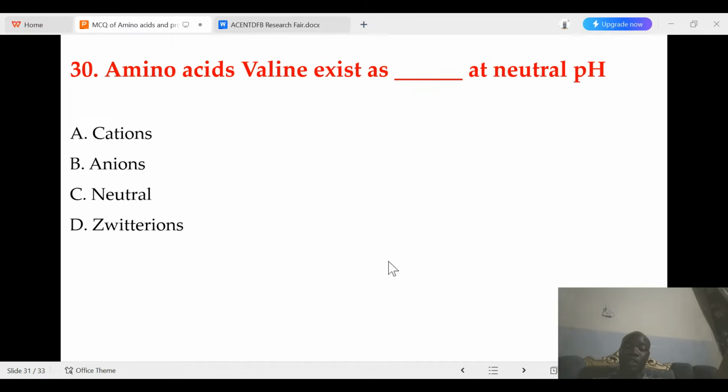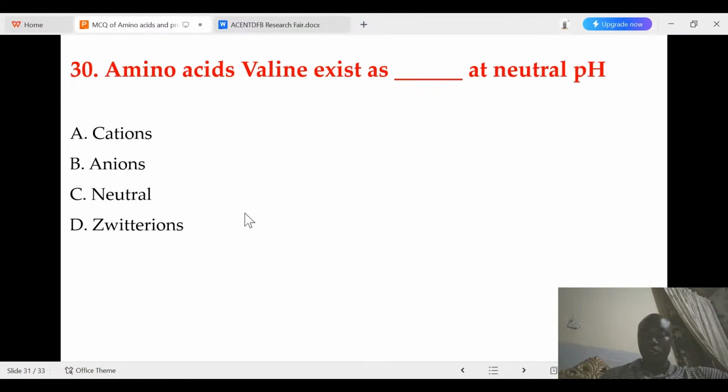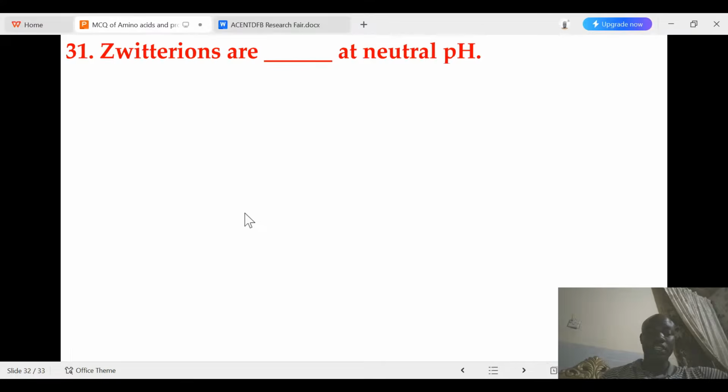They have charge, but they still maintain zero charge at the end. So now question 31. The answer to the previous one is neutral.